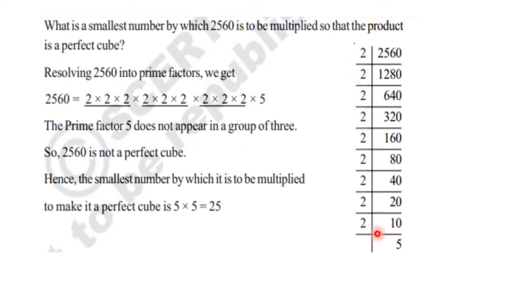Here you see the prime factorization of 2560. The prime factor 2 appears in groups of 3, and 5 does not appear in a group of 3. So 2560 is not a perfect cube. Hence, the smallest number by which it is to be multiplied to make it a perfect cube is 5 into 5, which is equal to 25.